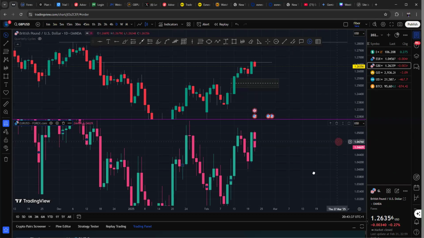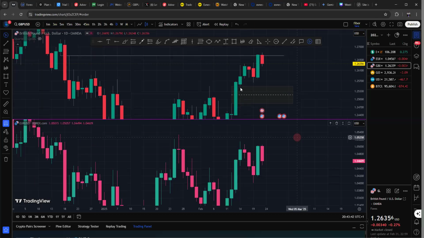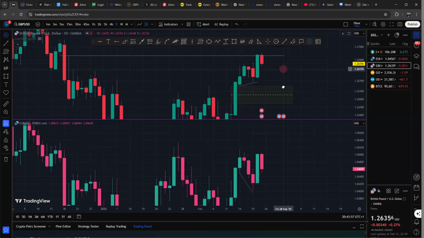If you look at this price movement here, you're going to notice that this was an SMT, right? SMT is also what makes fair value gaps not to be filled. You can see from the low of this candle, price made a higher high, but on Euro USD, we made a lower low. So that was an SMT for higher prices on GBP USD.